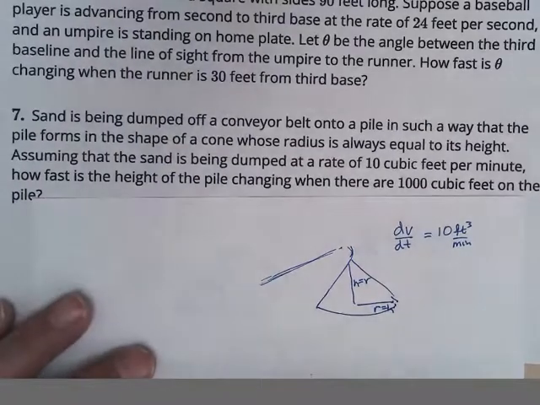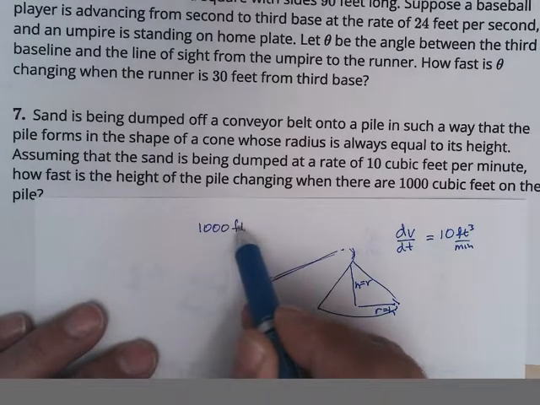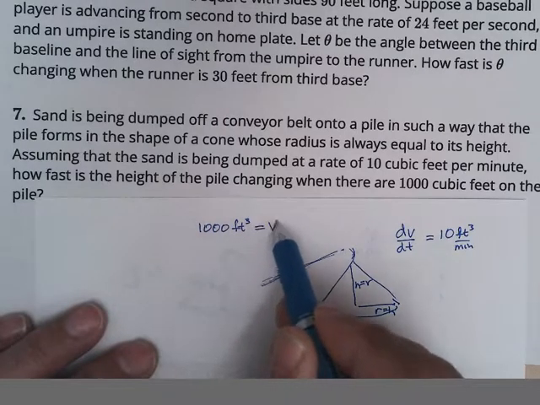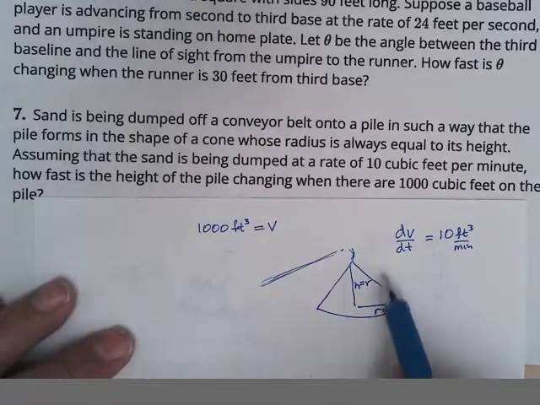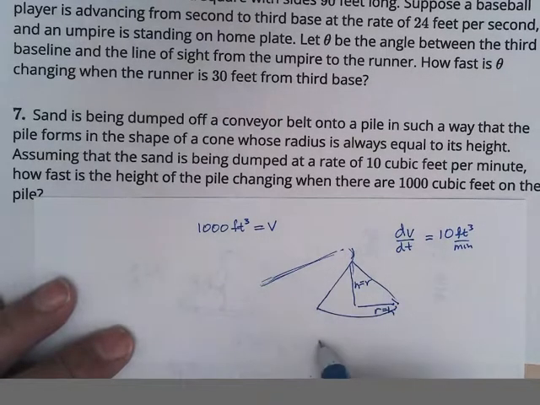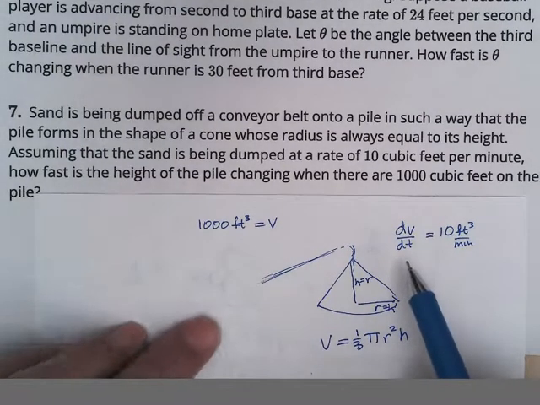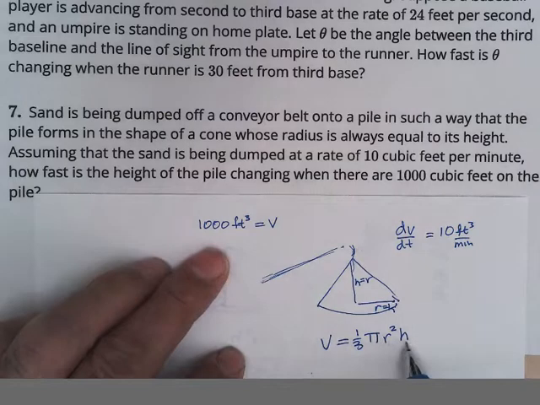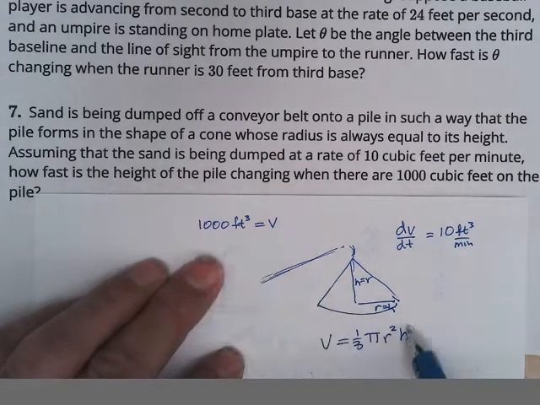Well, that's a little different than what we've had before. 1,000 feet cubed equals the volume. So what's the relationship here? The volume of the sand is 1/3 pi r squared h, and they want to know how fast the height is changing, so we'd like to have h's.